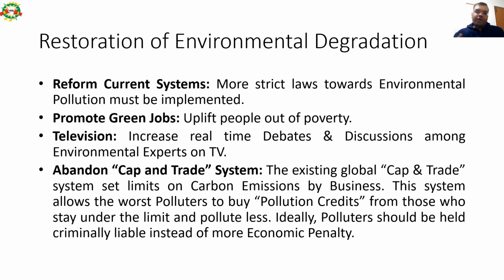It allows the companies causing more pollution to find a way out of this problem, to avoid their responsibility toward the environment. So ideally, because the environment is a very important aspect for our generation and our upcoming generation, these companies causing more pollution should be held criminally liable, and there should not be just an additional financial burden on them.